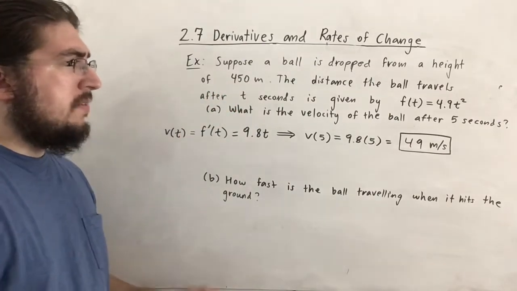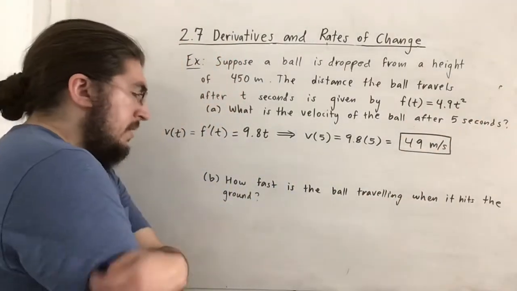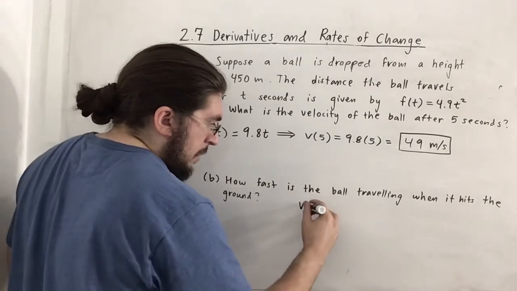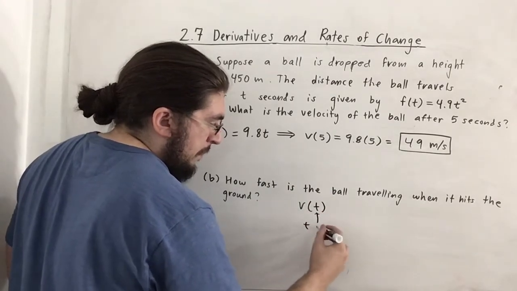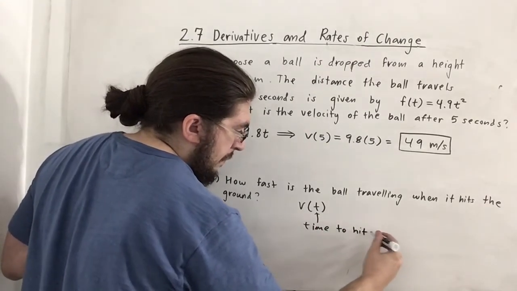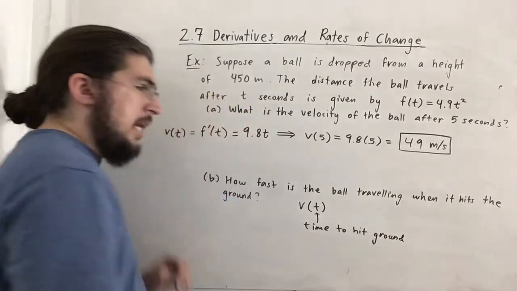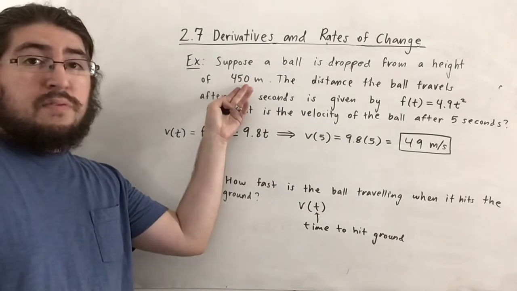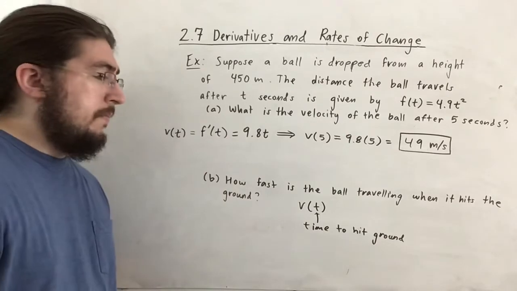So we want to find v of t, where t is the time to hit the ground. And notice the time to hit the ground would imply that the distance traveled is 450, which we haven't actually used in this problem at all.